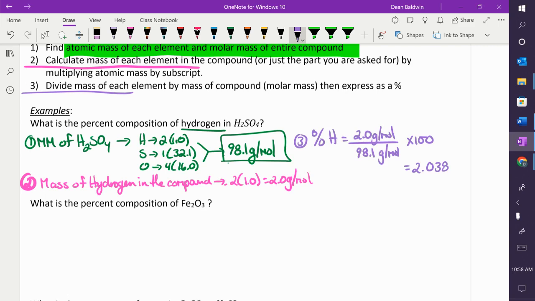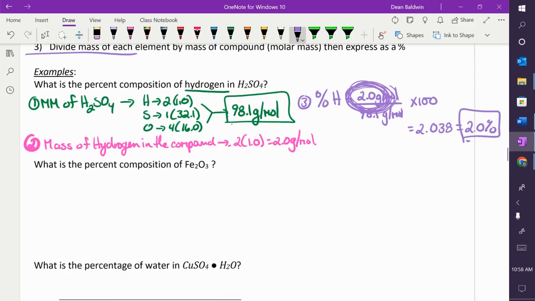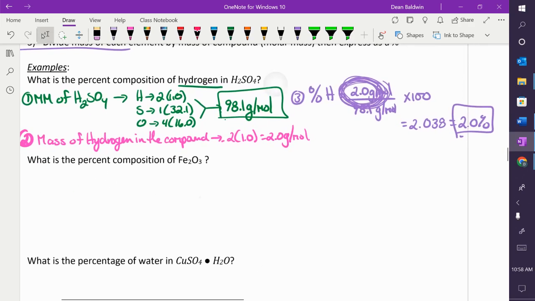And how many sig figs should we have? 2, right? 2 sig figs. So this comes to 2.0%. So 2% of that compound is hydrogen. That's what you do. That's it.